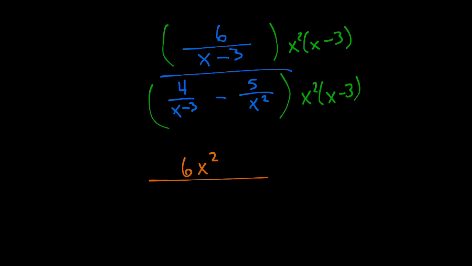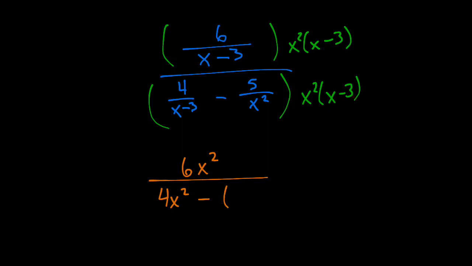Then on the bottom, x minus 3 cancels with x minus 3, so 4 times x squared gives us a 4x squared. And then we have to be careful here. So we have minus, right? The x squareds will cancel, so we have minus 5 times x minus 3.